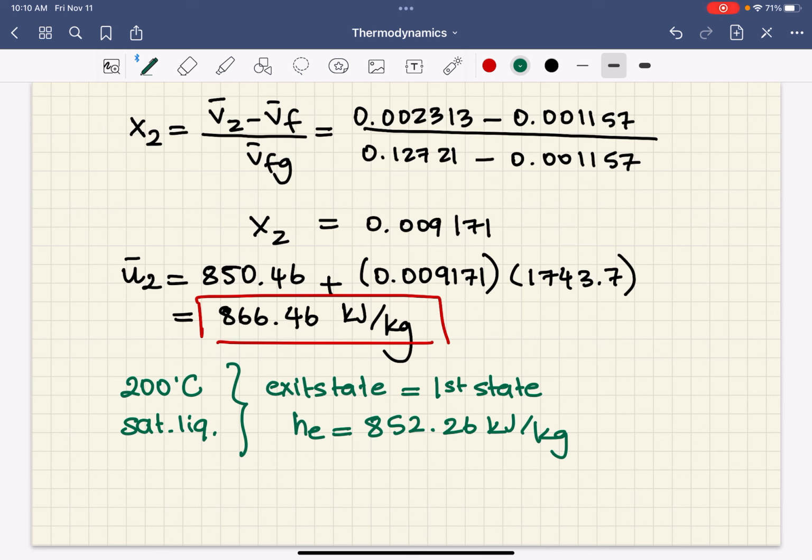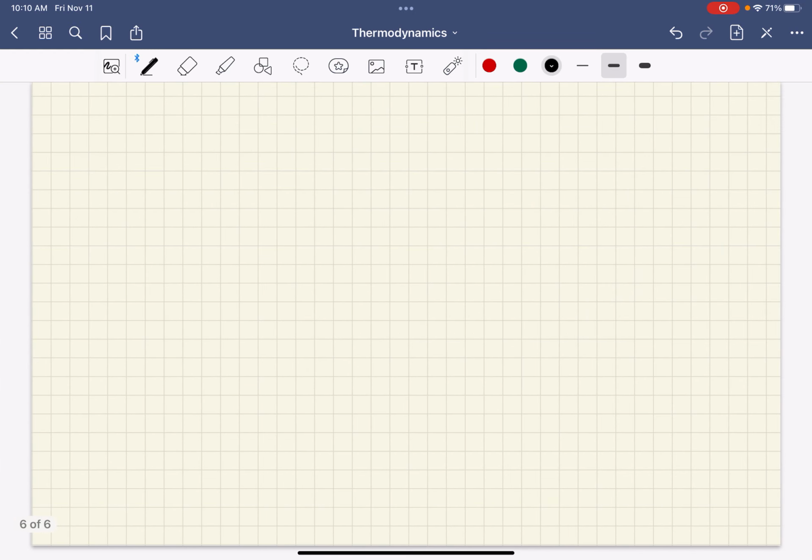Now we have figured out every term in our energy balance. All we have to do is plug that information in and calculate the heat interaction. Okay, what was it? M2U2, wait a second.